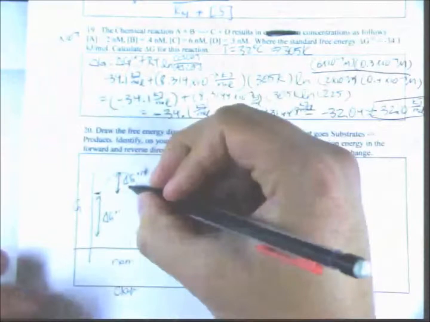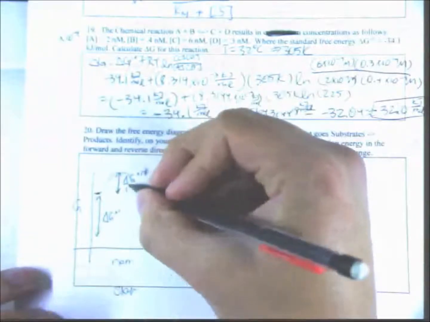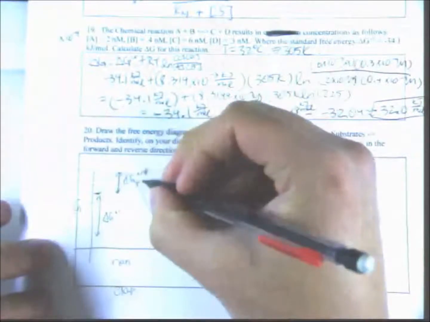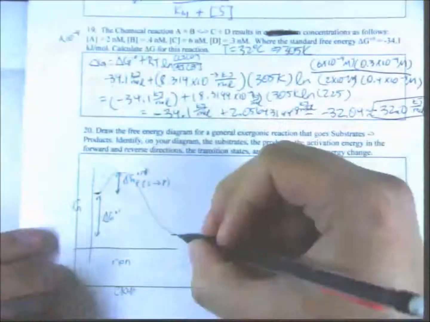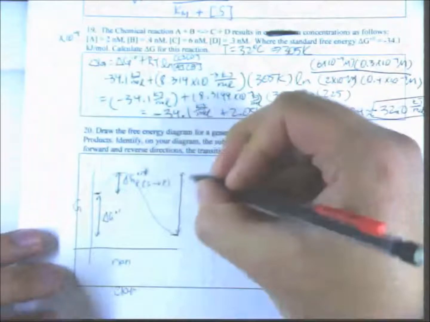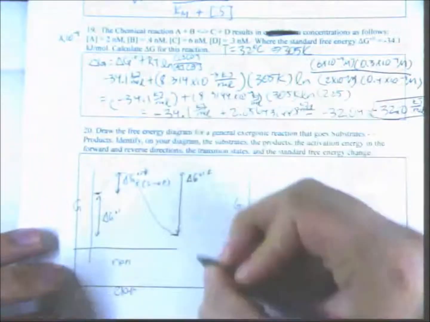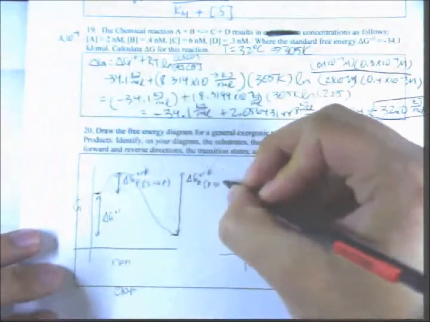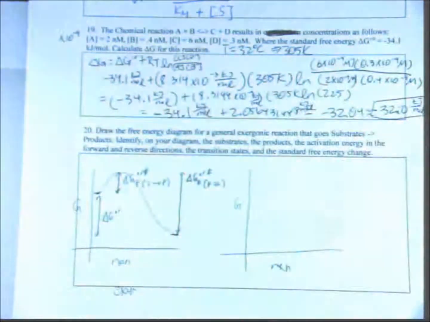But this is more specifically delta G transition state forward, or you can say substrate to product. Now, from the product to the top of the activation hill is delta G standard transition state as well, but it's for reverse, or from product to substrate, okay? I put it in parentheses because you can put that in lieu of forward and reverse.